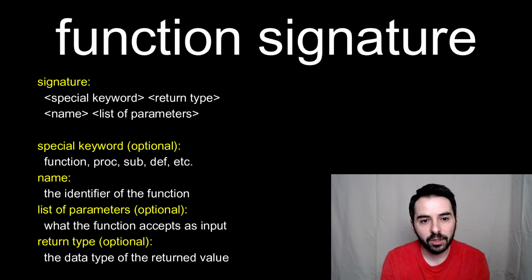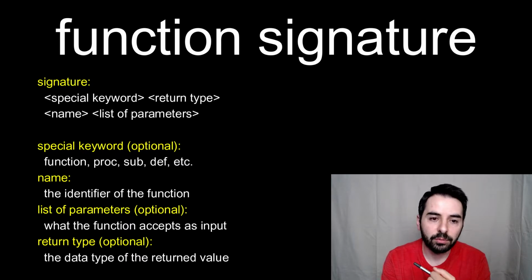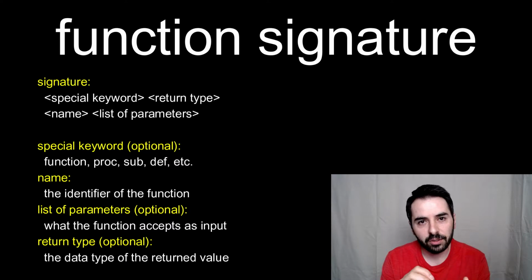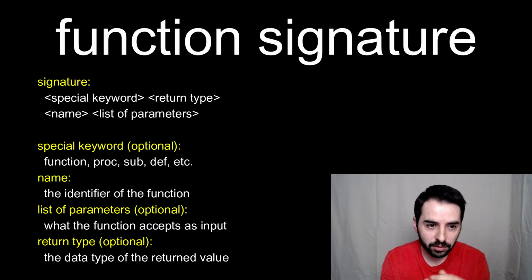It's a dynamically typed language, so you can just assign the result of the function call to a variable and it will work. So again, optionally some special keyword, then optionally the return type, then the name of the function, and an optional list of parameters.